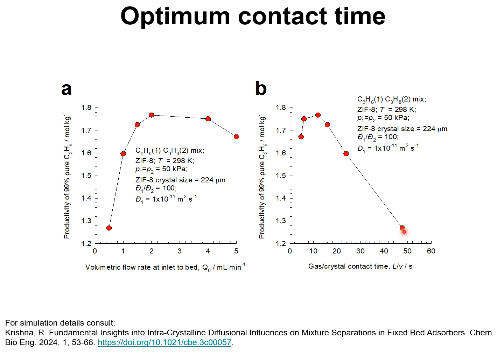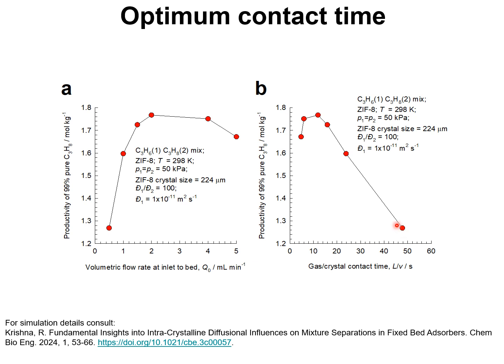If the contact time is very large, then diffusional influences are low because there is enough time to approach equilibrium.